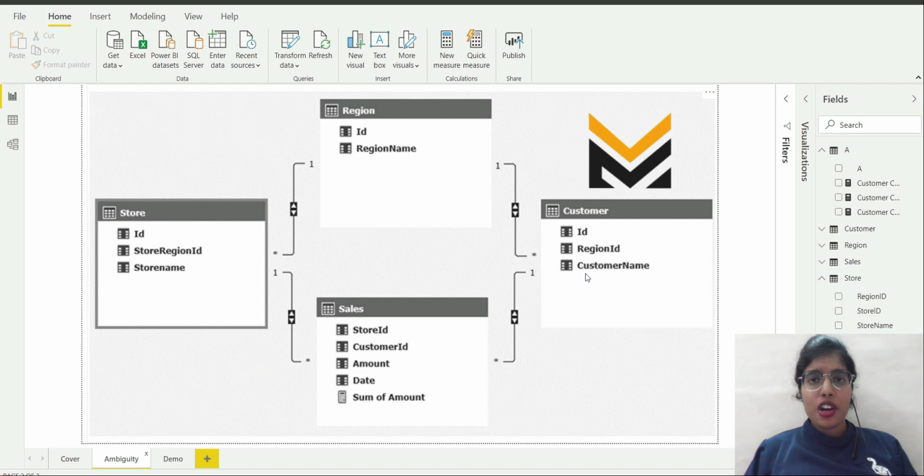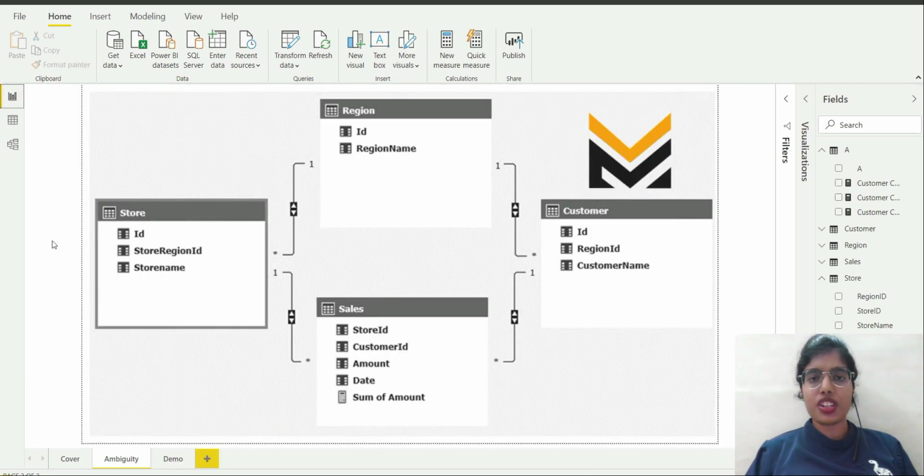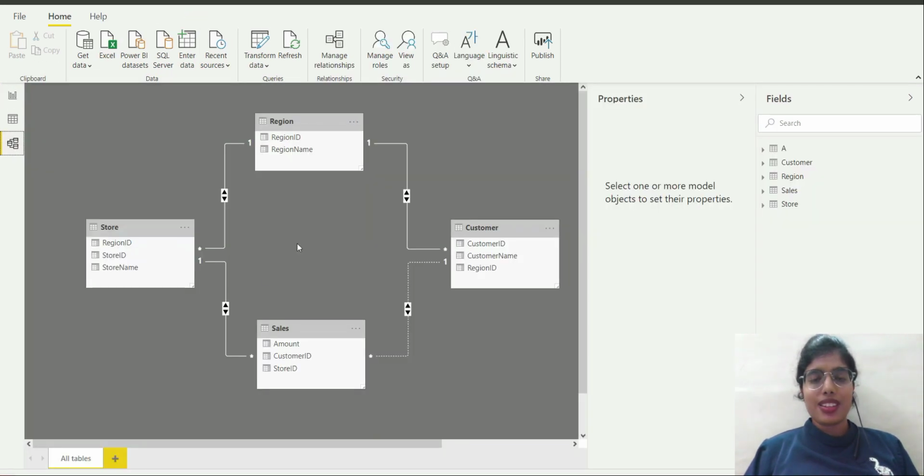So how does Power BI handle this? Let's come to model view. I can see that this is the same model that was represented over here, but it has one variation. I can see that I have three relationships in solid lines and one relationship in a dashed line.